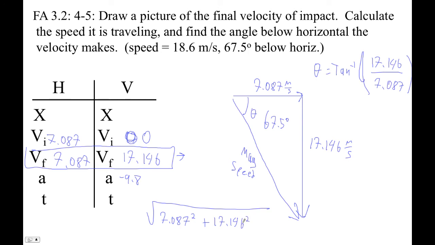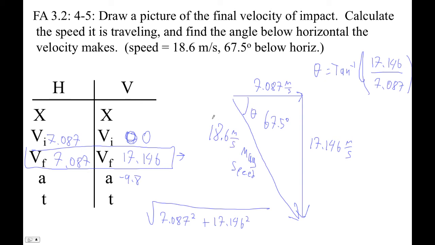I'm going to go square root of, left parenthesis, 7.087 squared plus 17.146 squared. And I get, wow, what did I just do? I just typed times. Okay, hold on. Let's actually do that. I get 18.6 meters per second, roughly. It's 18.55 or something like that, right?